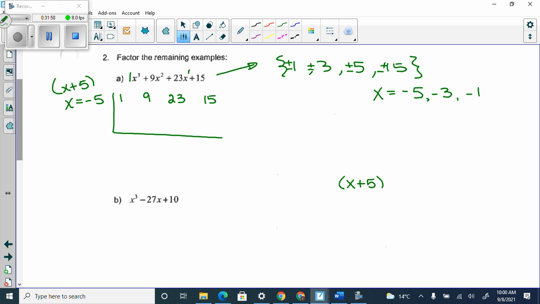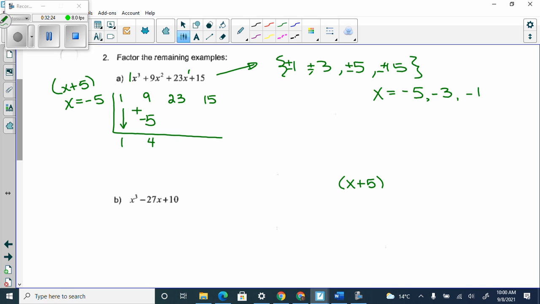What do we do first? Bring down the 1. Some people get stuck here. Then we multiply. -5 times 1 is -5. Then we add. 9 plus -5 is 4.